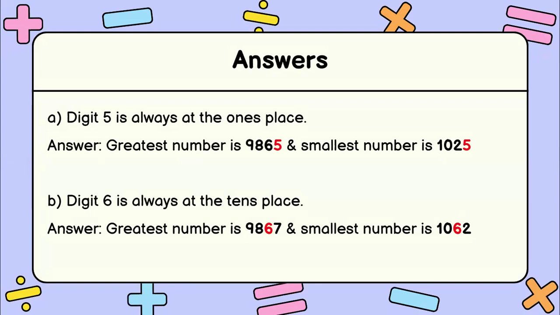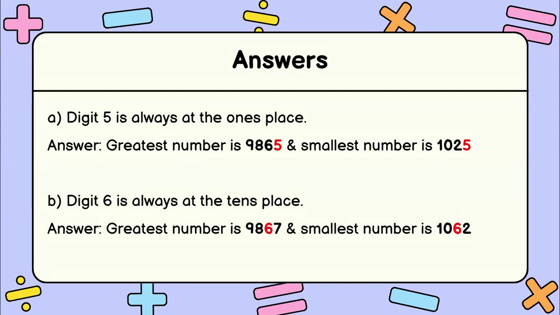Let's see the answers we got. In the A sequence, digit 5 is always at the ones place. Okay, guys, these conditions help us a lot. Digit 5 is always at the ones place, so we don't have to worry about what we should write in the ones place. As I said, there's no repetition.